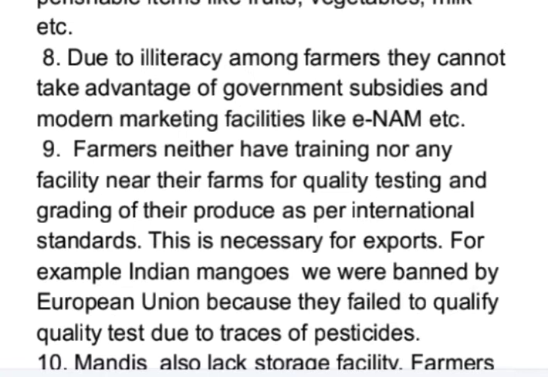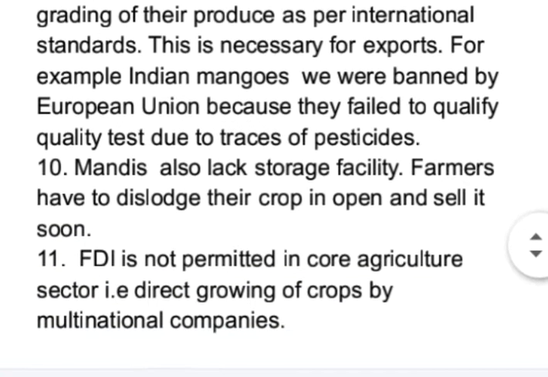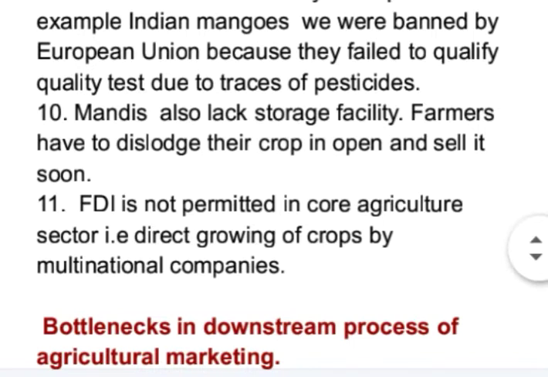For example, Indian mangoes were banned by the European Union because they failed to qualify the quality test due to traces of pesticides. Mandis also lack storage facility. Farmers have to dislodge their crop in the open and sell it soon. FDI is not permitted in the core agriculture sector, that is, direct growing of crops by multinational companies is not permitted.